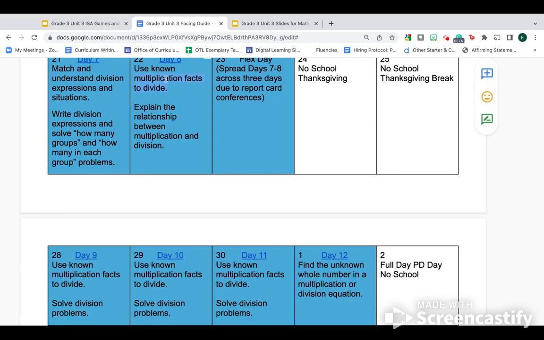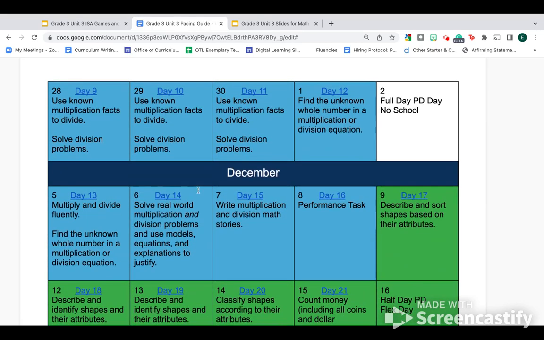We're reinforcing multiplication and using it to help us divide. We end with some more real-world problems, but of course, you're infusing those throughout. We tried to incorporate multiplication and division, so students have to stop and think, now wait a second, should I multiply to solve this problem or should I divide?